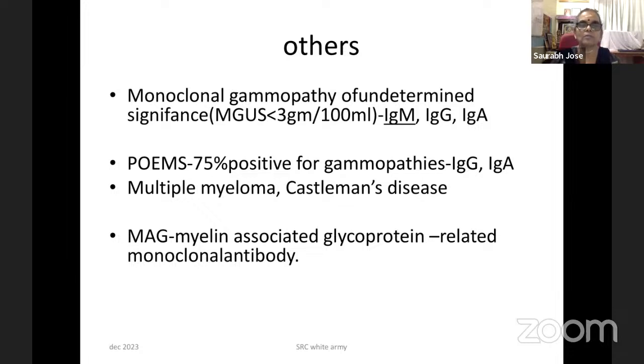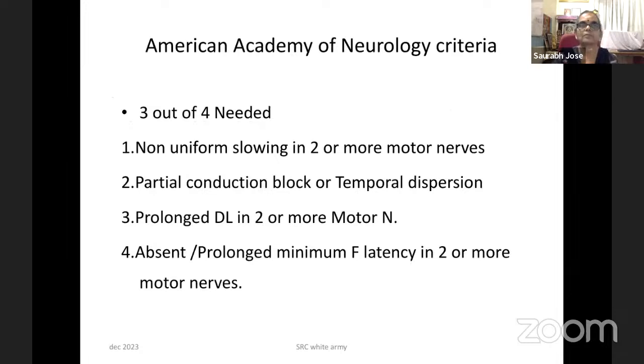And you have POEMS syndrome. 75% are positive for monoclonal gammopathies, and they have other variants like multiple myeloma and Castleman syndrome, where the lymph nodes are involved. And you can have myelin-associated glycoprotein monoclonal antibody associated CIDPs.